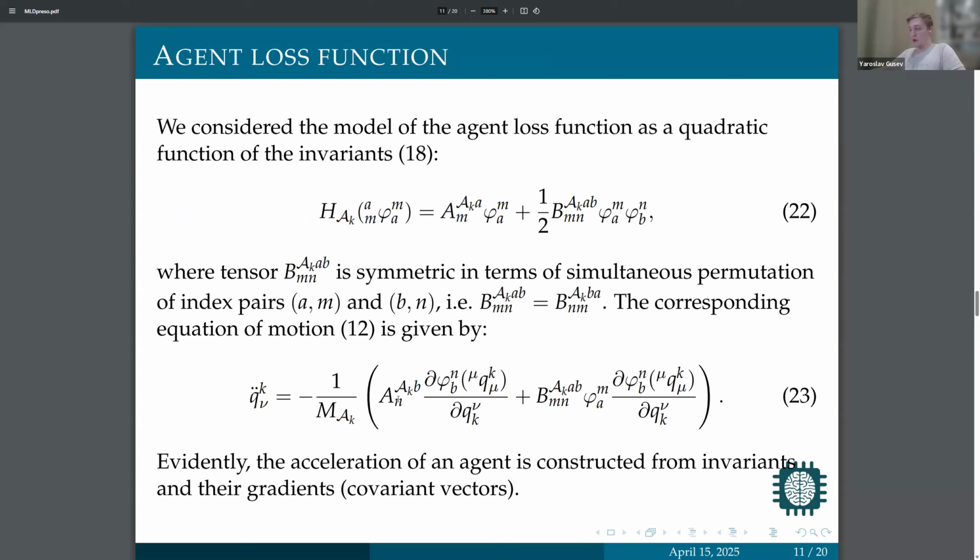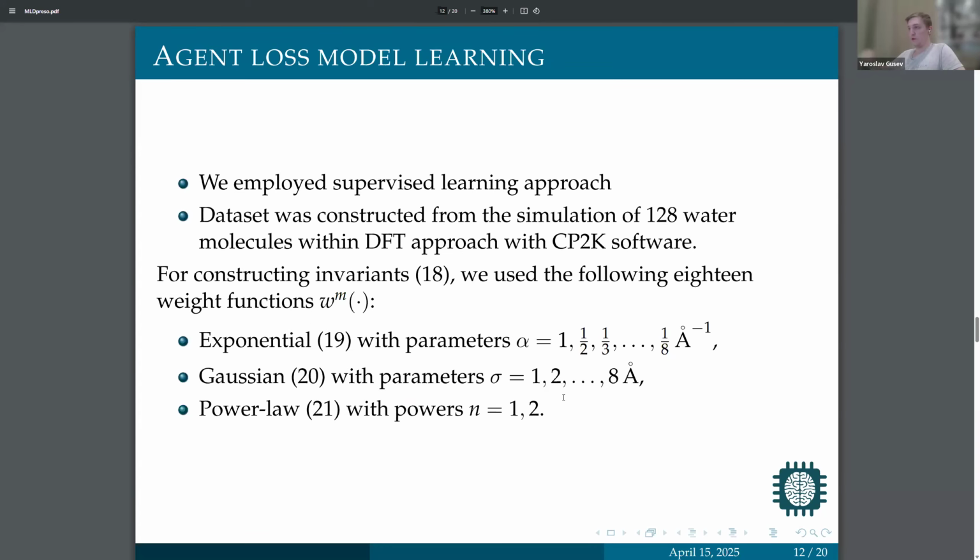Then we can train the parameters, A and B tensors, of our model of the agents' loss function in order to get the realistic accelerations or forces. To do that, we choose these window functions, weight functions, as I proposed: exponential, Gaussian, and power law, with the following parameters.